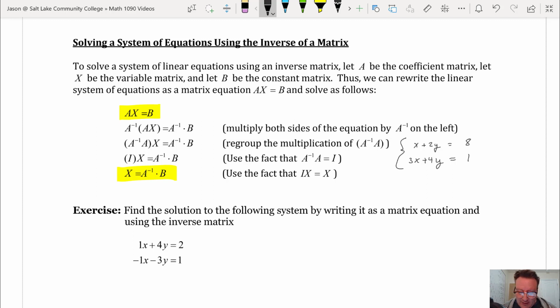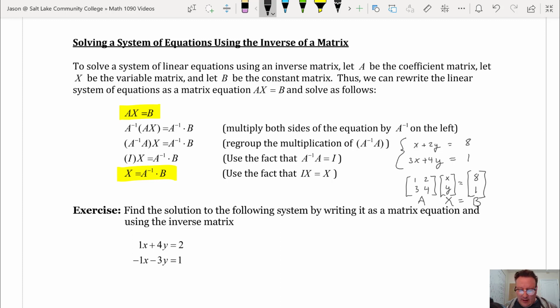But I can change this into a single matrix equation where I take the coefficients 1, 2, 3, 4, multiply them by this column vector of the unknowns or variables, and set this equal to the column vector containing these constants on the right hand side. Okay, so we can call this matrix A, this matrix capital X, and this will be matrix B. So we have A times X equals B.